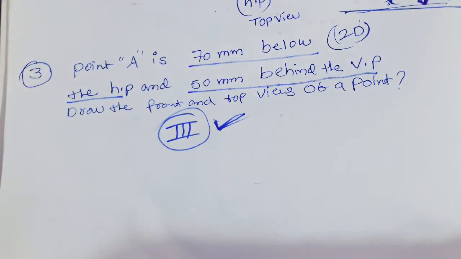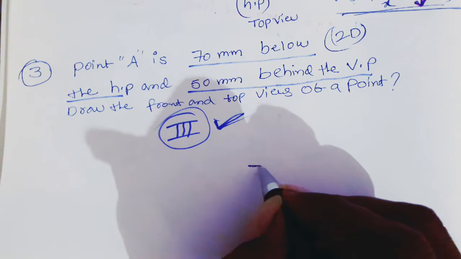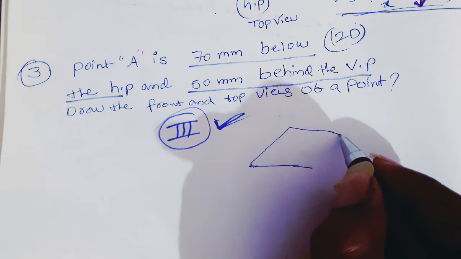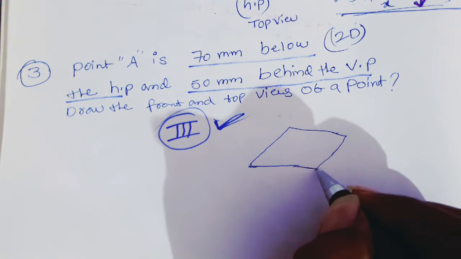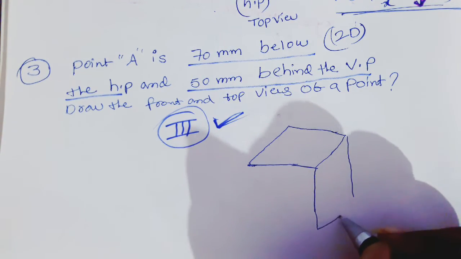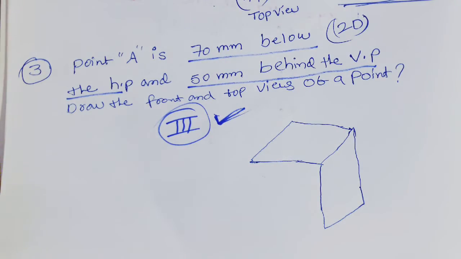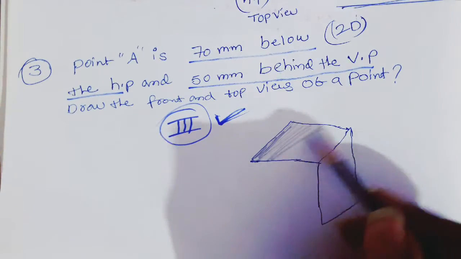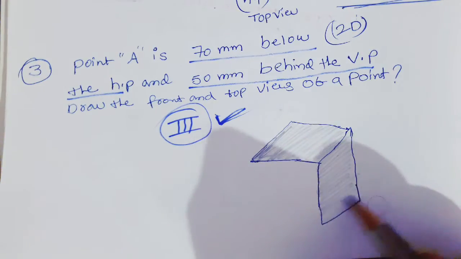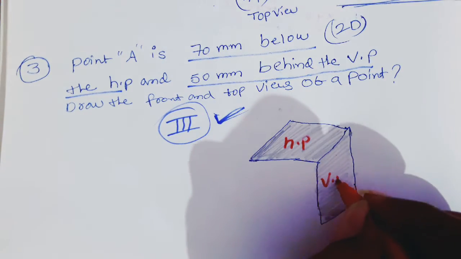Okay, this is the third quadrant. This is the HP plane, this is the VP plane.